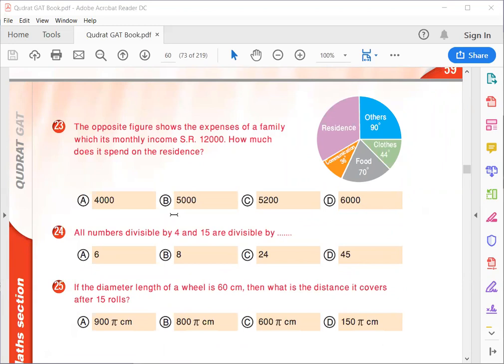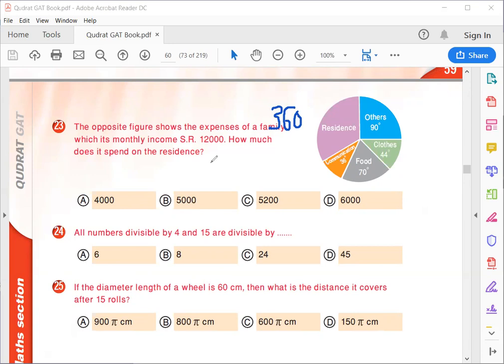How much does it spend on the residence? What about the sum of angles of all circles? It is 360 degrees.